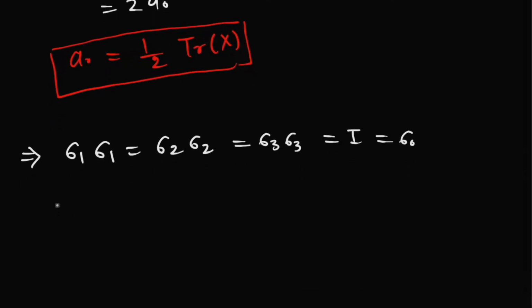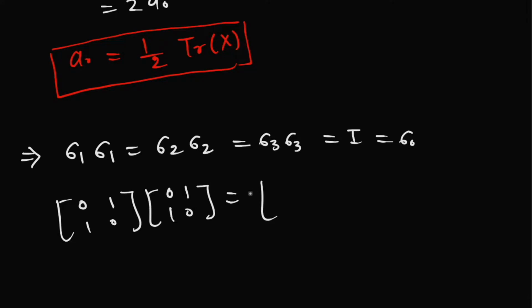Let us check that. First, 0 1, 1 0 multiplied by 0 1, 1 0 gives 1 0, 0 1.